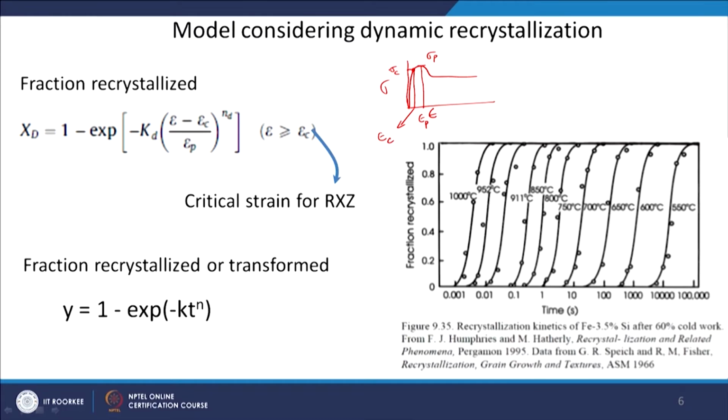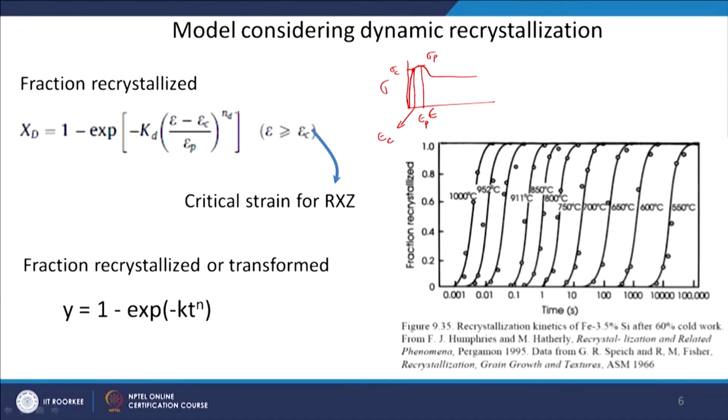So, basically the idea is that the strain should be more than the critical strain, then only the recrystallization will happen, and then only you will be able to calculate the fraction recrystallized. Okay. Some parameters are there, k d and n d here, which depend on the deformation condition.